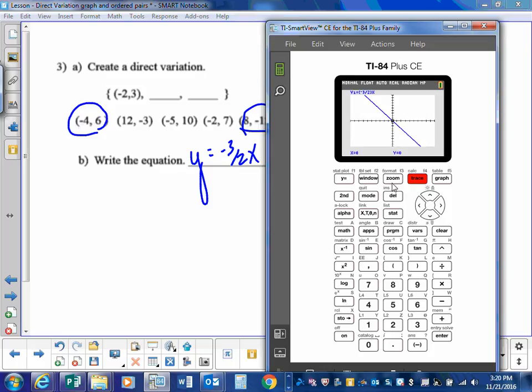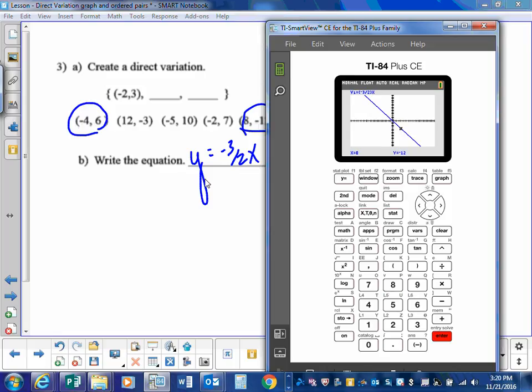I might have to zoom out on this, so I'm going to go ahead and do that. Zoom, number 3, enter. All right, and then I hit trace, (-2, 3), and then I said (-4, 6), and the other one I picked was (8, -12). Let's see if that one was right.